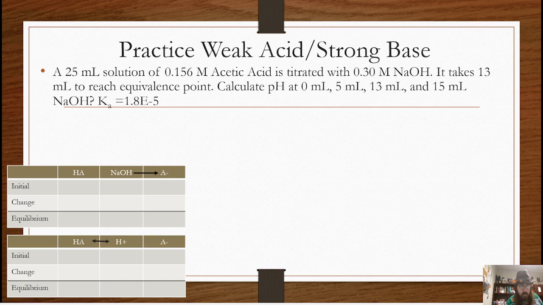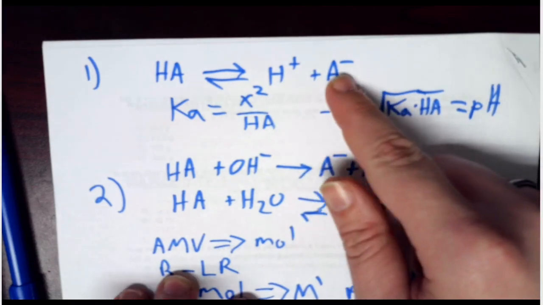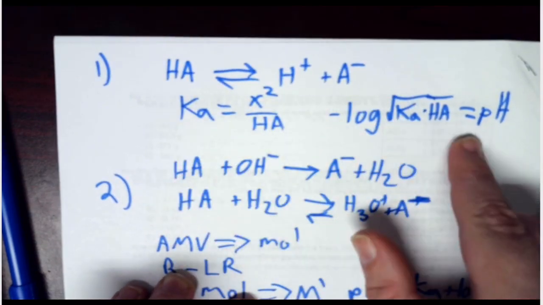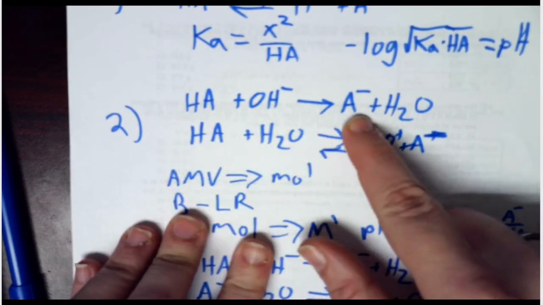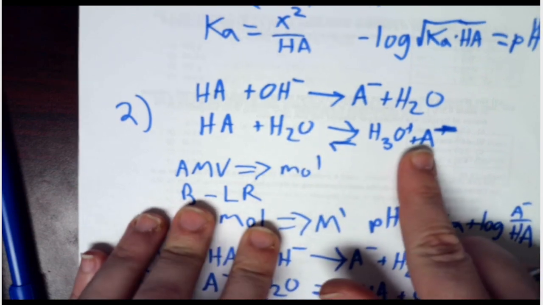So with that in mind, we have situation 1, just weak acid. And so it follows a normal weak acid. Situation 2, first we neutralize some of the acid, and then we have a buffer.